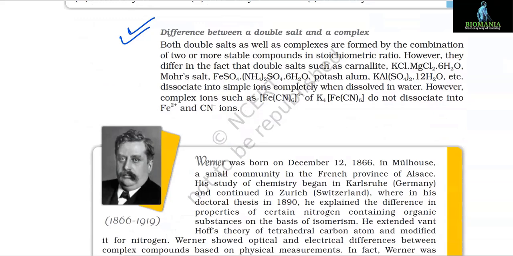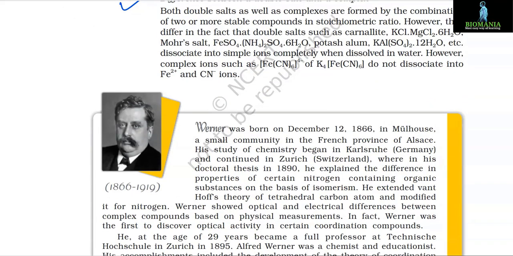Difference between a double salt and a complex. Both double salts as well as complexes are formed by the combination of two or more stable compounds in a stoichiometric ratio. However, they differ in the fact that double salts such as carnallite, KCl·MgCl2·6H2O, Mohr's salt, that is FeSO4·(NH4)2SO4·6H2O, and potash alum, KAl(SO4)2·12H2O, etc., dissociate into simple ions completely when dissolved in water.